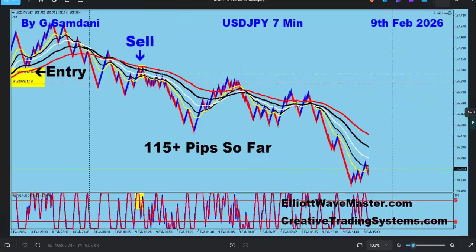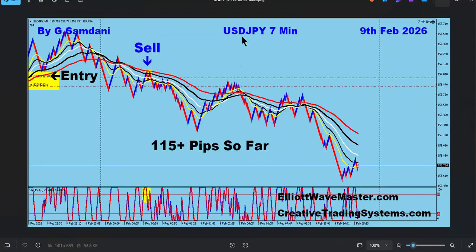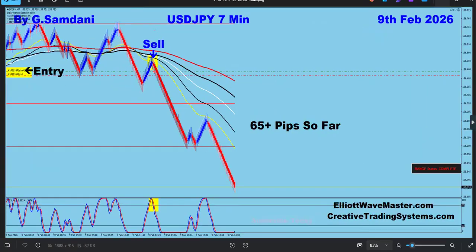So the first entry from the 7-minute chart, it started to come down here, and right there is the first entry, and it came down 115 pip. That's fine. But then I had another entry from the 7-minute chart, this one. Let's take a look right there. See that? By the way, this is not my entry. This is Omar's entry.